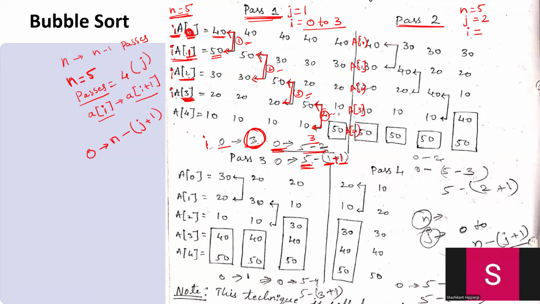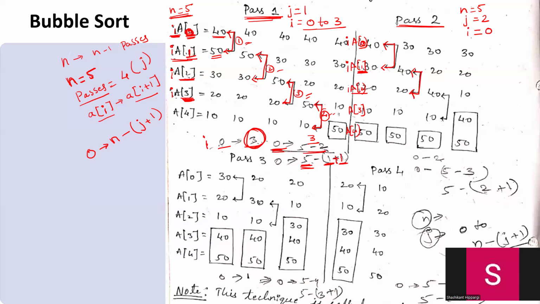So let me initialize that variable I again to 0. If I is equal to 0, I'm going to compare it with I plus 1. So the first comparison will be done. Then I am going to increment the value of I by 1. Now the value of I is 1. It will be compared with I plus 1, that is A of 2. The second comparison will be done.